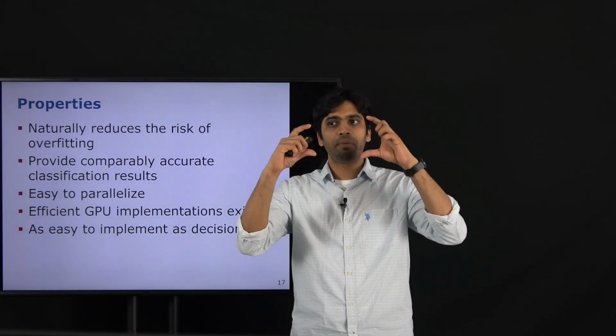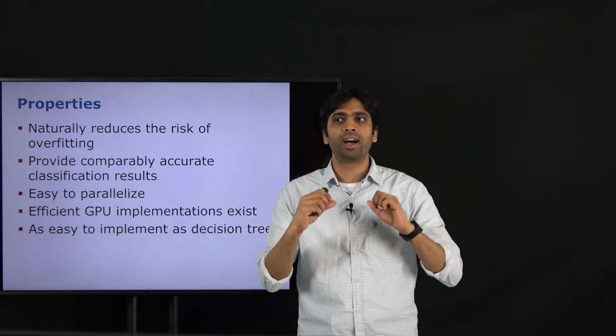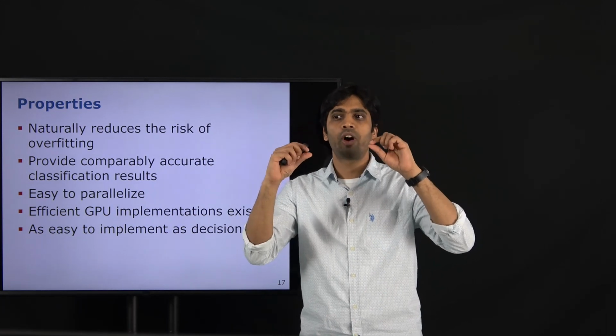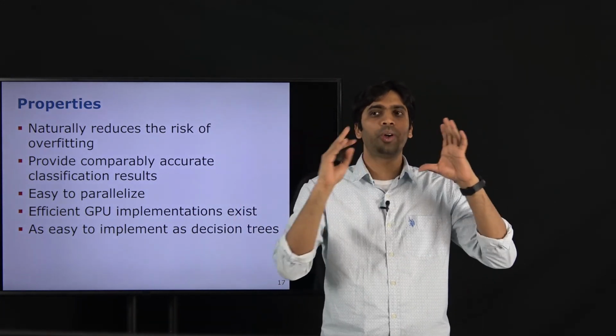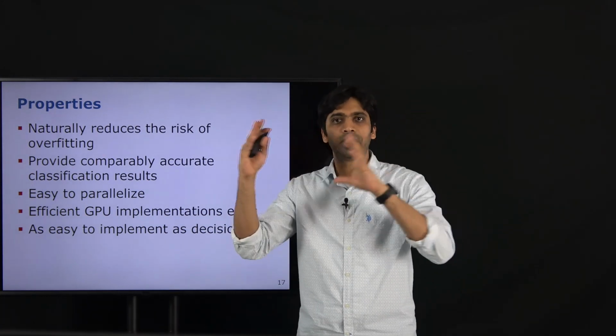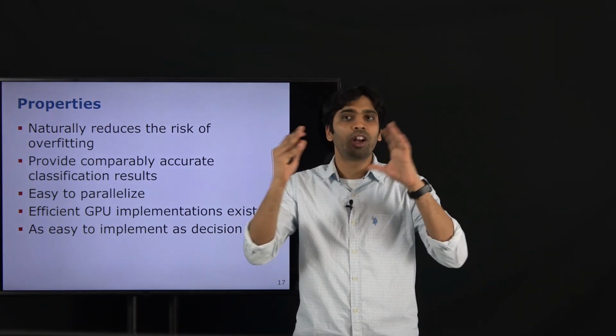So by breaking up these data sets into smaller parts, you reduce the risk of all of your candidates overfitting. Since you've put your eggs in different baskets, not all of them will overfit.